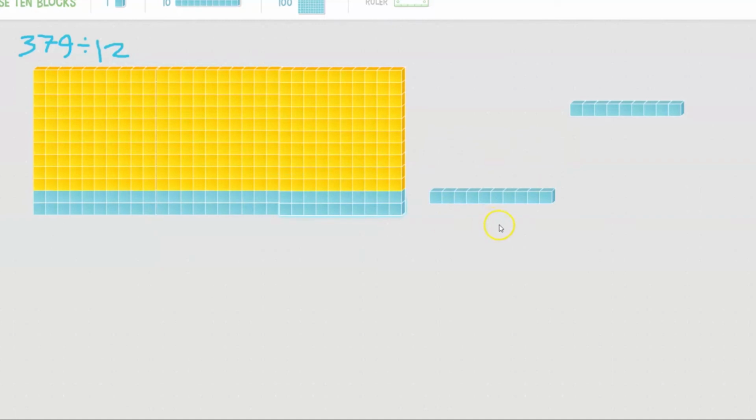All right, so now I've done that. I've made an array, but I still have 19 more pieces left. So what I need to do here is try to make those into an array or part of the array. All right, I've successfully done that. And as I know this is now 12, I don't have 12 left, so I cannot put this as part of my array.